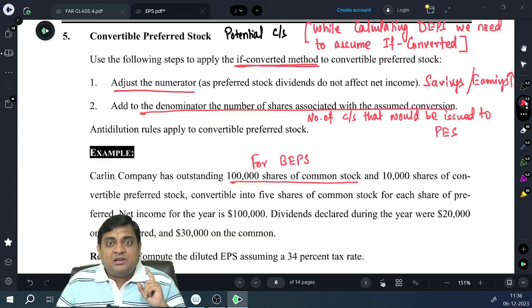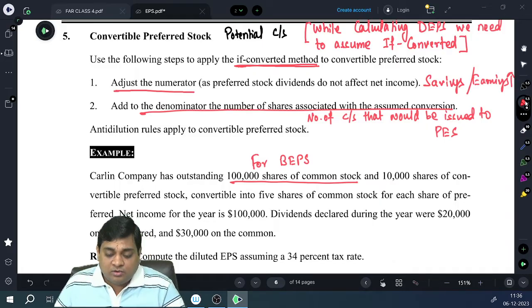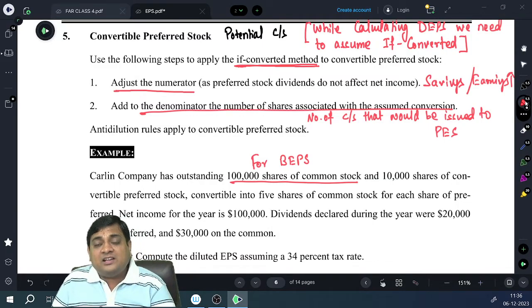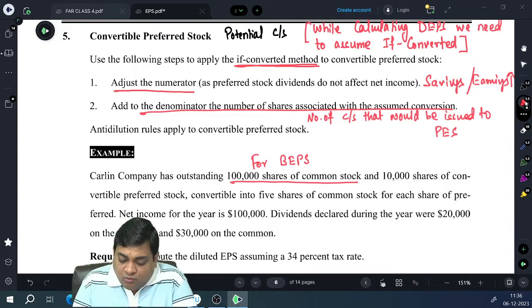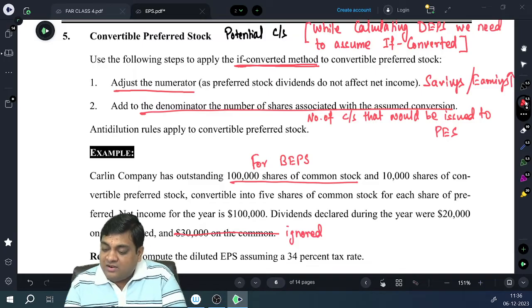There is a difference between the two. After paying the preference dividend, whatever is left is earnings for common stockholders. From that, when you pay dividend to common stockholders, the remaining part is retained earnings. So we are not concerned here with retained earnings. Whatever dividend you have given on the common stock needs to be ignored. It is not relevant for our discussion.